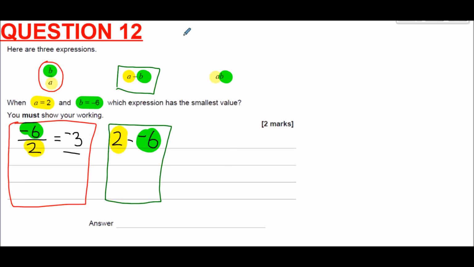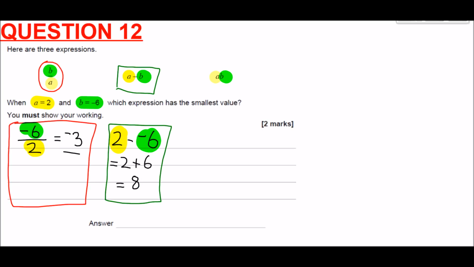If two minus signs are next to each other with nothing separating them at all, two minuses next to each other makes a positive. If we subtract a negative number, it's the same as addition. Two minuses work as a plus. 2 minus minus 6 is the same as 2 plus 6, which becomes 8.